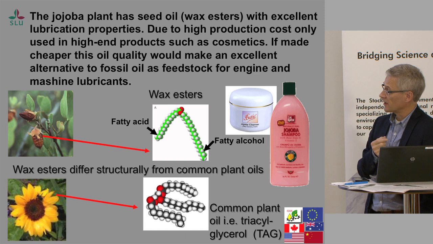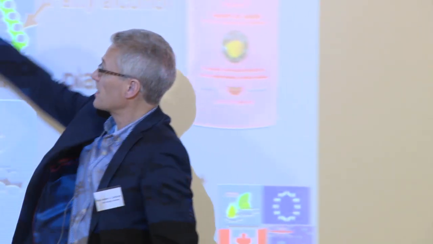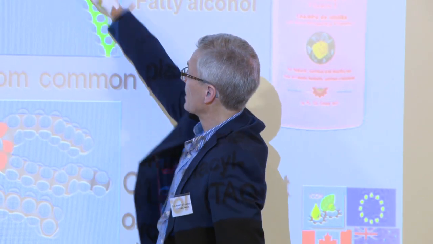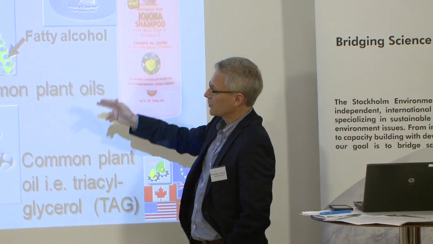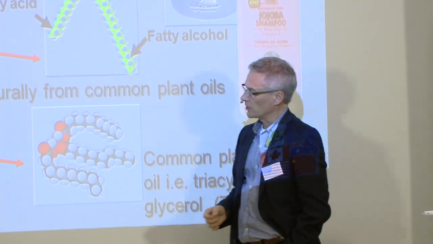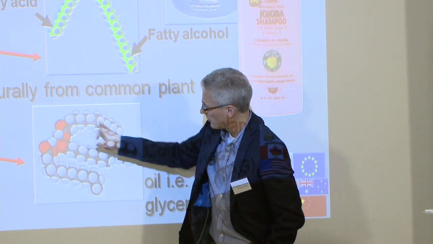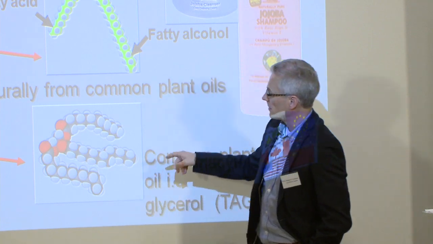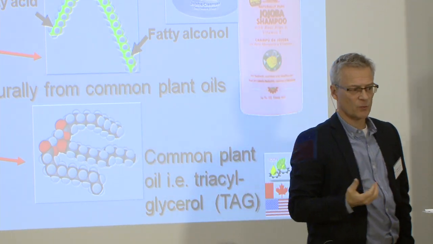These wax esters have a special molecular structure. You have a fatty acid that is linked to a fatty alcohol. And if you compare that with the common oils found in all of our normal oil crops, you would see a structural difference. You have three fatty acids there, which looks different. So it has a different molecular structure.